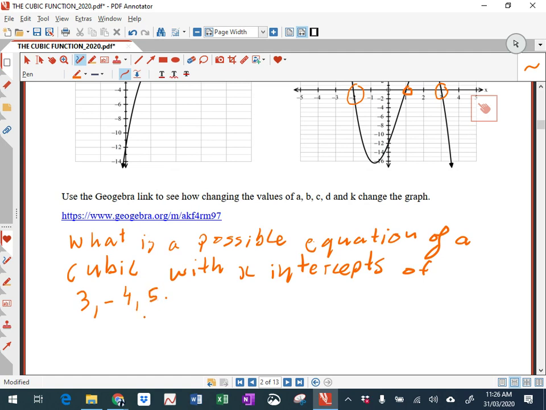Okay, a possible equation. So this is my question. I thought this is question 1. All right, so let's think about that. Pause the video, see if you can figure out the answer.